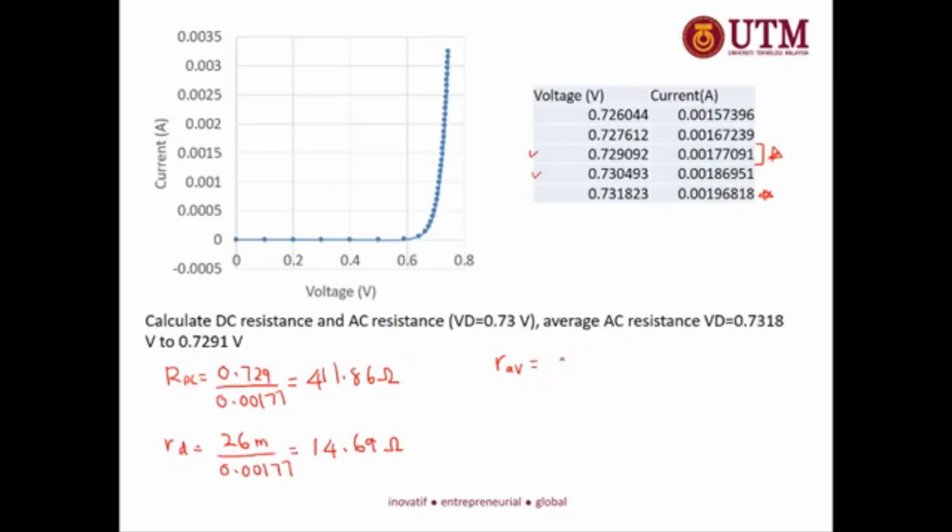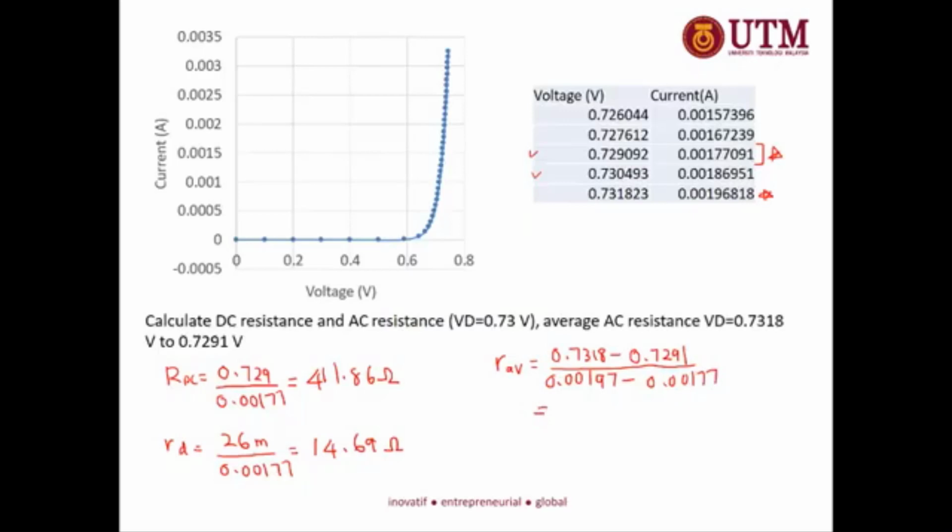Delta VD is just the difference between these two voltages: 0.7318 minus 0.7291, over the current difference, which is 0.00197 minus 0.00177.